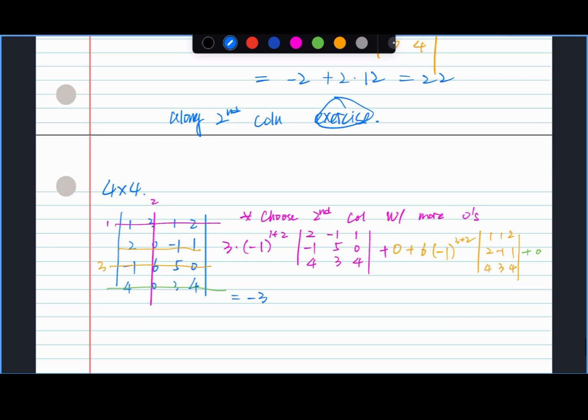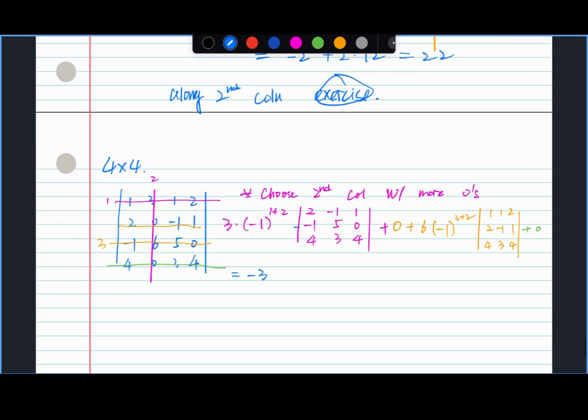For this one we do another cofactor expansion, or we can do that 3 by 3 one directly. If we do a cofactor expansion, it's AD minus BC, right? Yes. You can do this along, for example, this column.